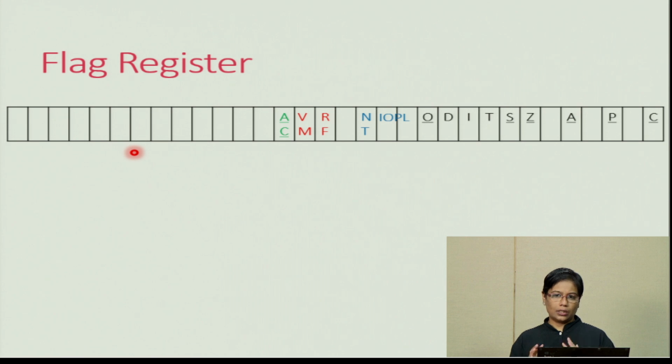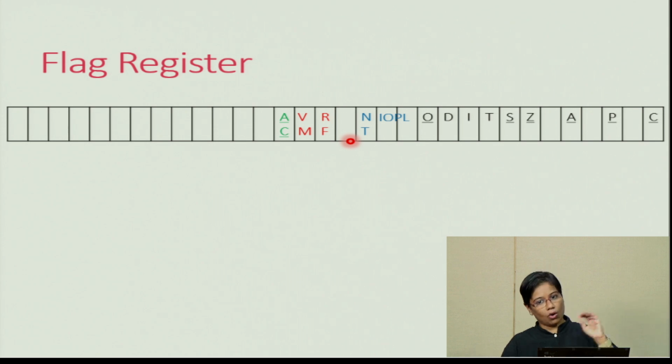Here I've used a little bit of coloring scheme. The bits which are indicated in black are available from 8086 processors onwards, and the ones which are indicated in blue are available from 80286 onwards. It's not just 80286, it's 80286 onwards.